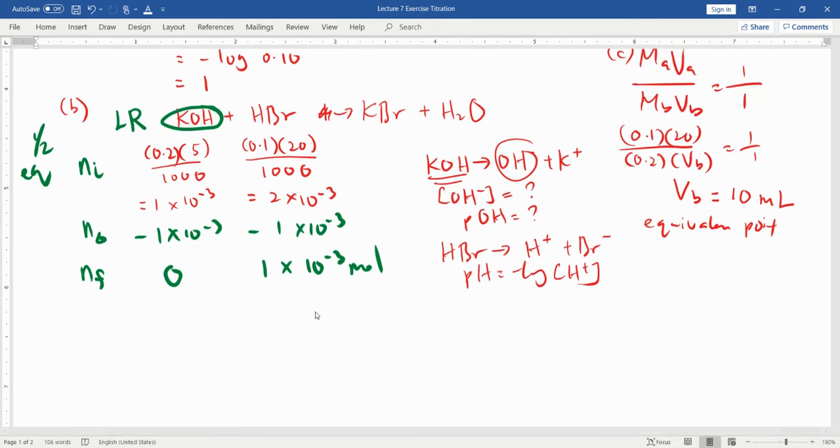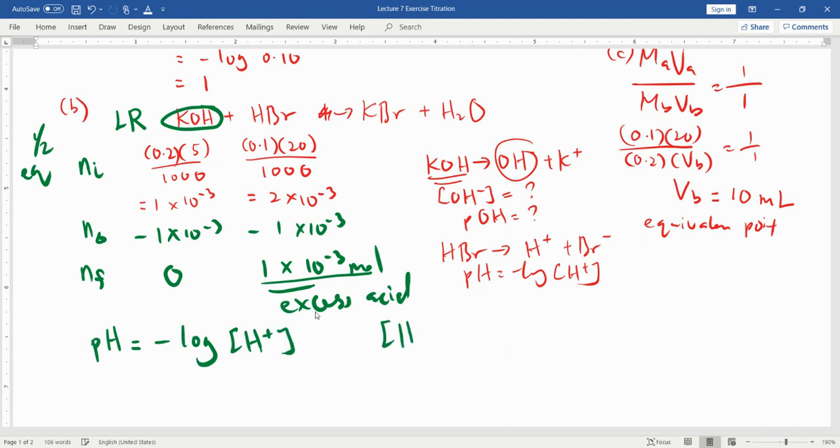Okay, so to calculate the pH at equivalence point, we know that the excess is acid. So pH equals to negative log H plus. Okay, now to calculate H plus, this time you have to be very careful. We know it is mole over volume.